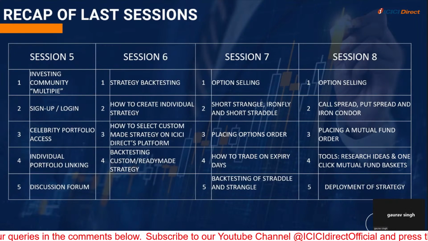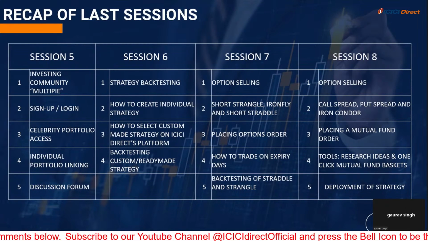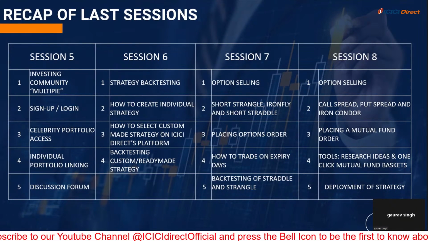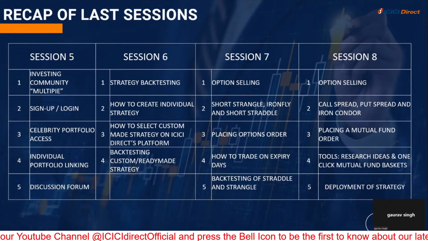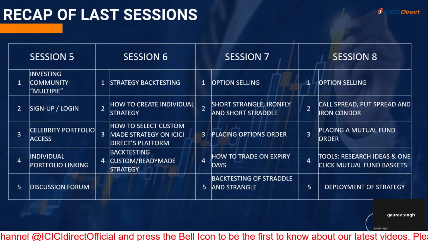Session 5 was about Multiply. Multiply is a social investing community where people can come, discuss their stocks, and brainstorm over a stock and all that. How do you sign up and log in to the Multiply platform? We have a celebrity portfolio. Basically, the ace investors, like these coveted names such as the late Mr. Rakesh Jhunjhunwala and others.